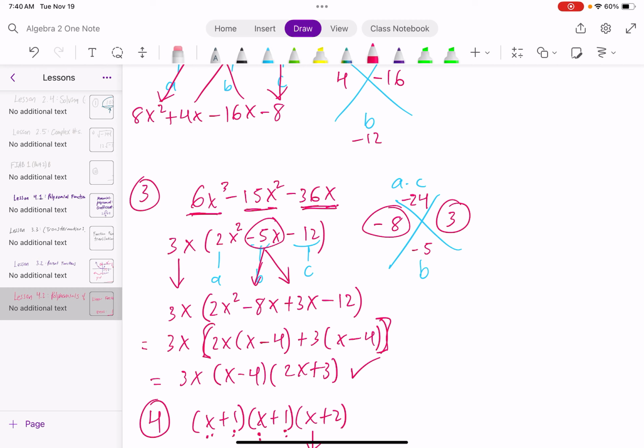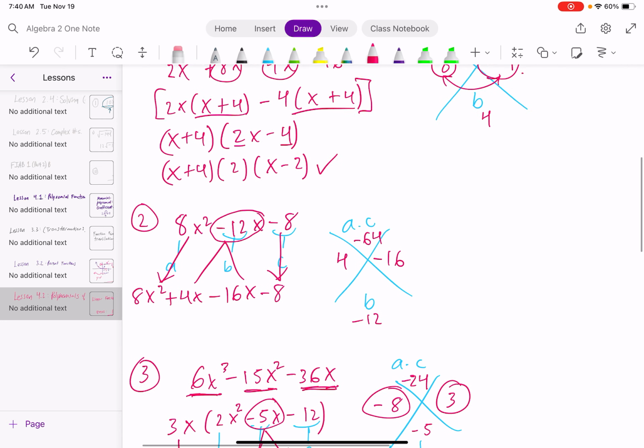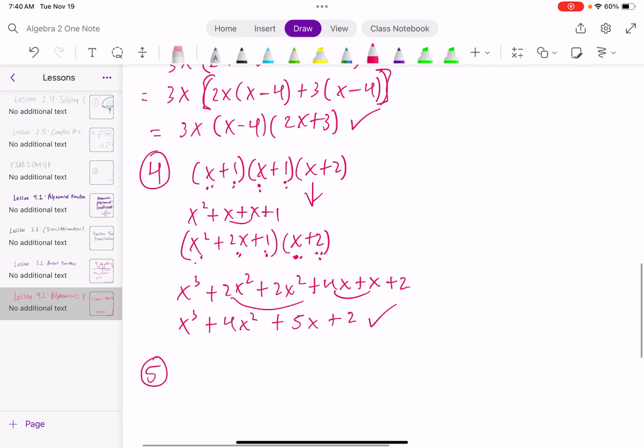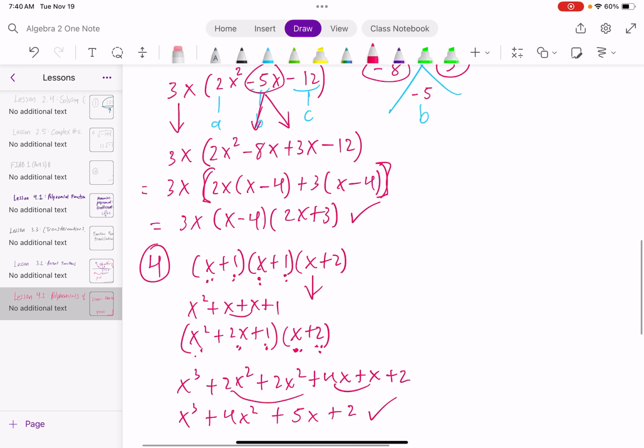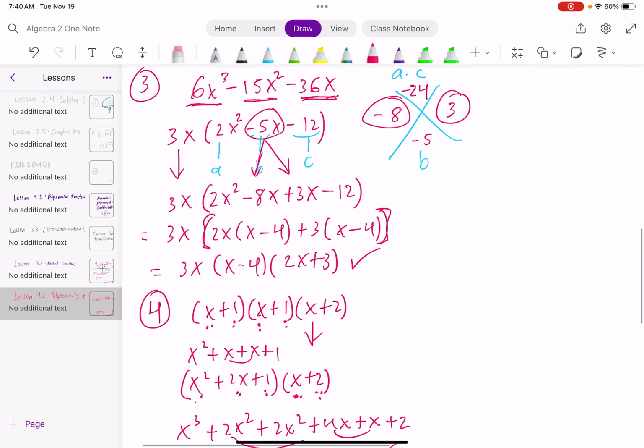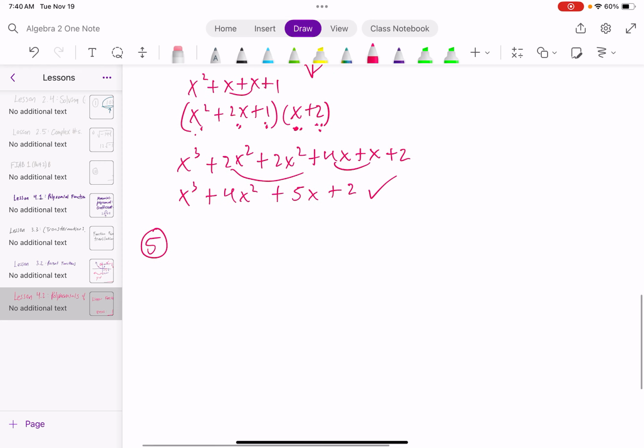Sorry, guys. So I did that one, 3. And then I accidentally did this one. I did number 6. Okay. So sorry about that. This was number 6. It was a little weird.